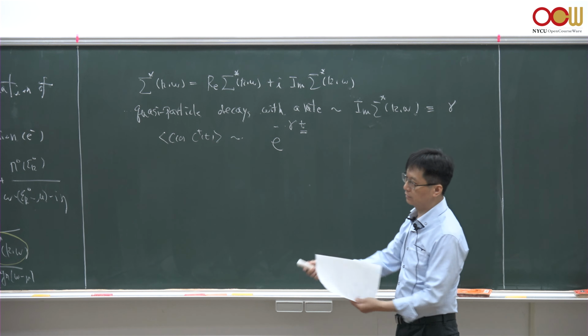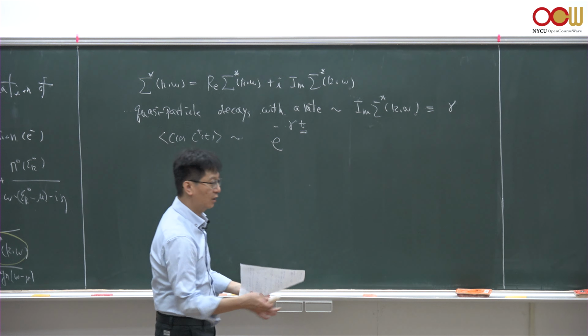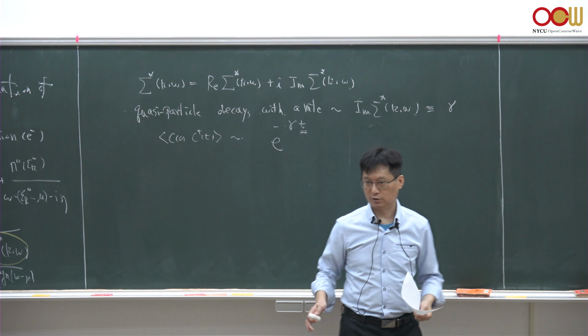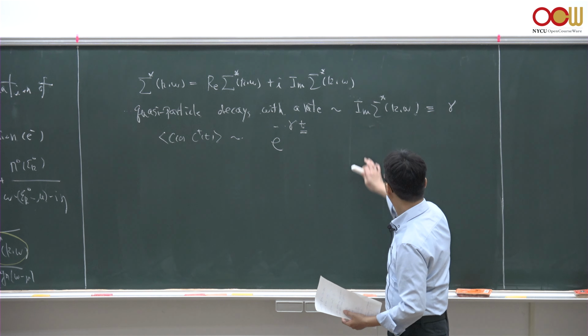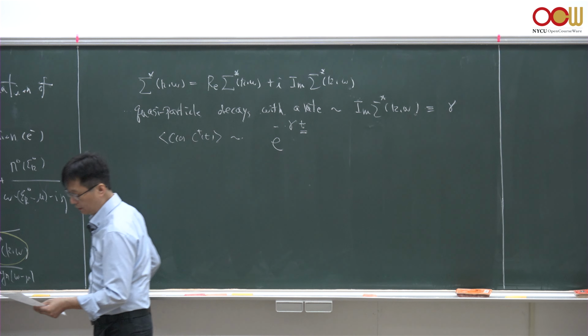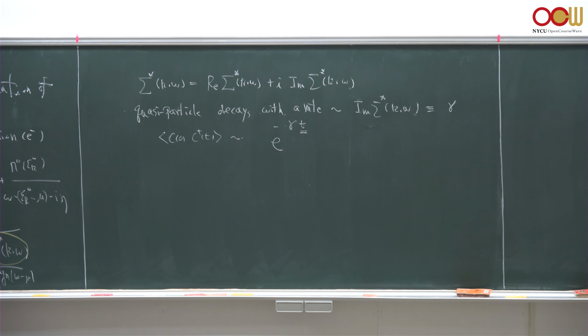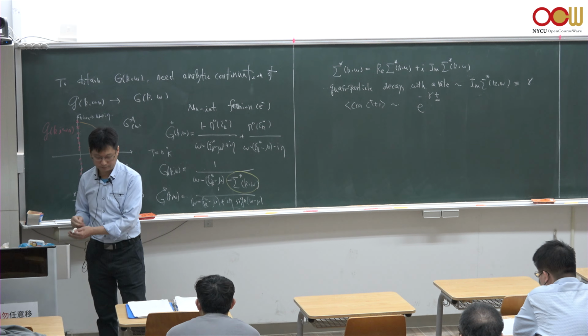It must interact with the other particles, so the interaction actually makes this quasi-particle unstable, and it can decay into other particles by this interaction. Okay, so we will see this when we talk about specific examples, such as this Anderson localization problem.